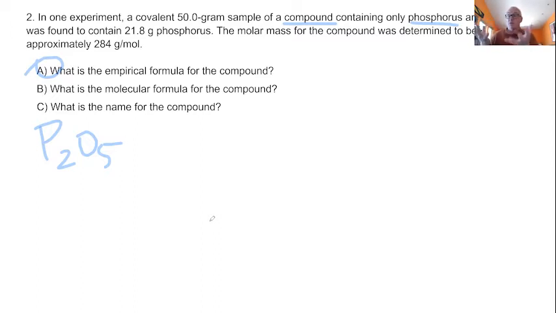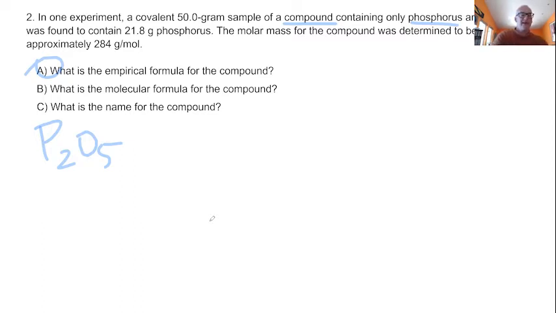Doesn't mean it's the actual ratio, because the actual ratio might be much bigger, because the size of the molecule might be huge. There could be 200 phosphorus atoms and 500 oxygen atoms. That'd be a massive molecule. But the simplest ratio between 500 and 200 is 2 and 5. But the molecular formula tells us exactly how many atoms there are in each one.